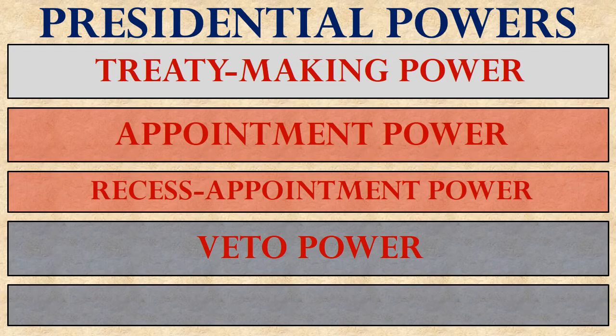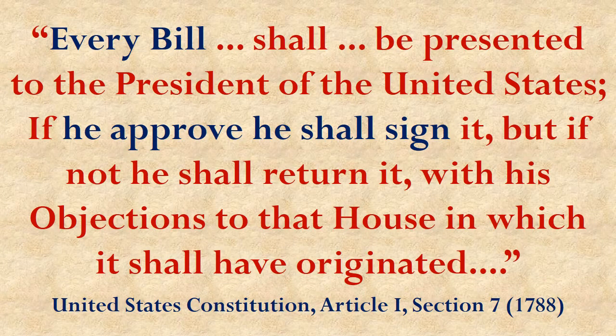The next power to discuss that the president has is the veto power. This is a power that we've discussed previously in this course, how every bill that is passed by Congress has to be eventually approved and signed by the president before it can become a law.